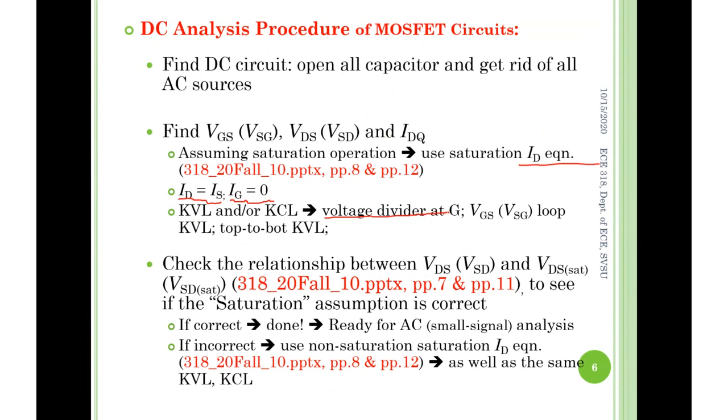You might also think of the voltage divider at the gate, VDC. It's all up to the given specific circuit about what you can do. It's not fixed. After using these three equations, you start thinking of KVL or KCL. And also you need a VGS or VSG loop KVL. You need this equation too. Last but not least, from the top to bottom path KVL, you need that too.